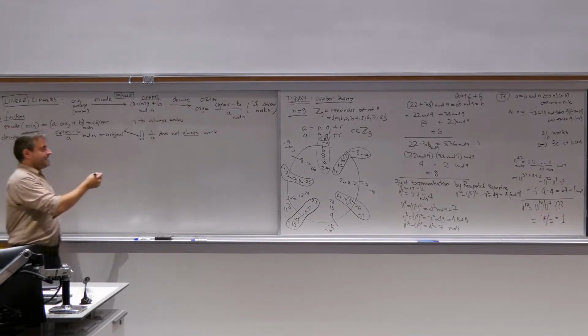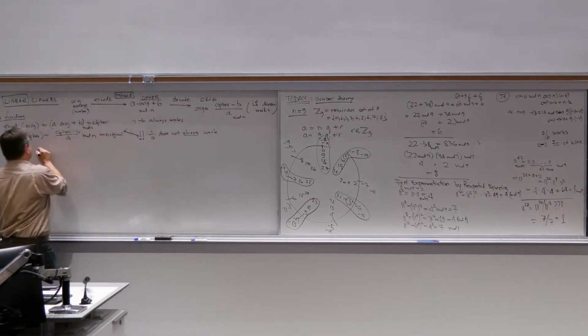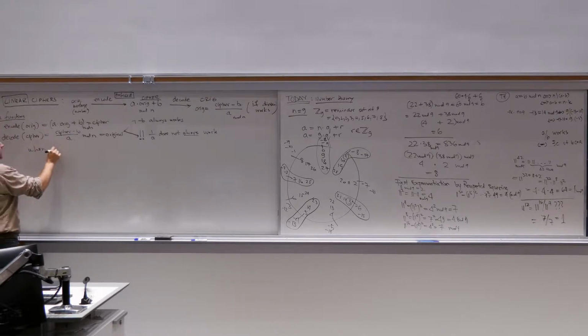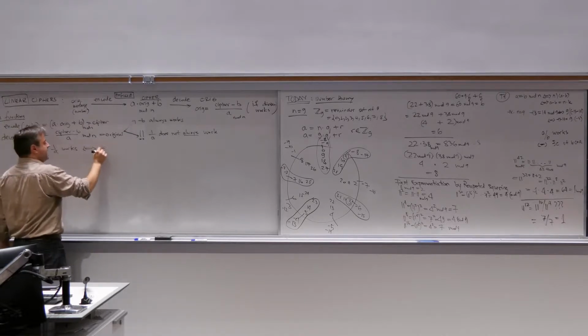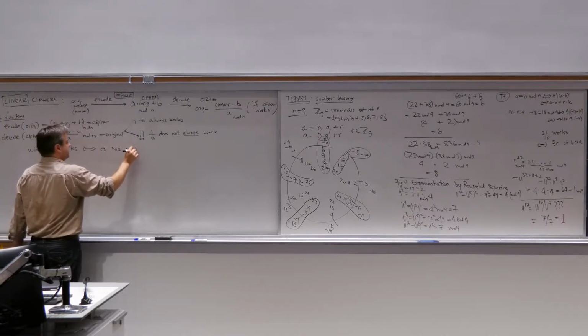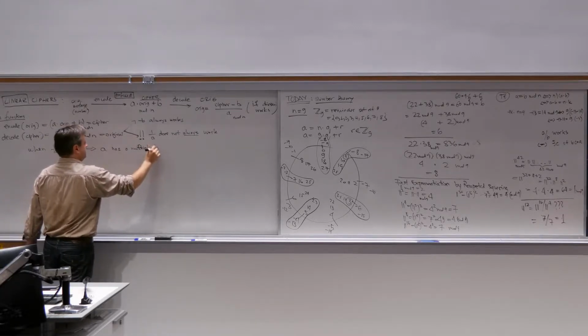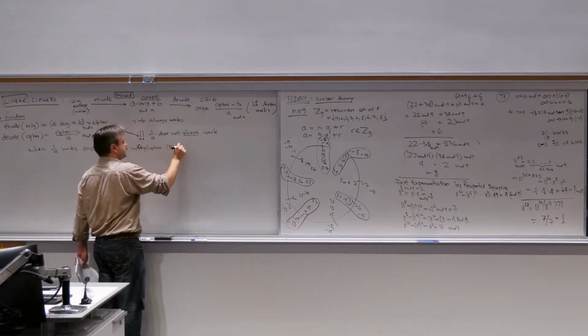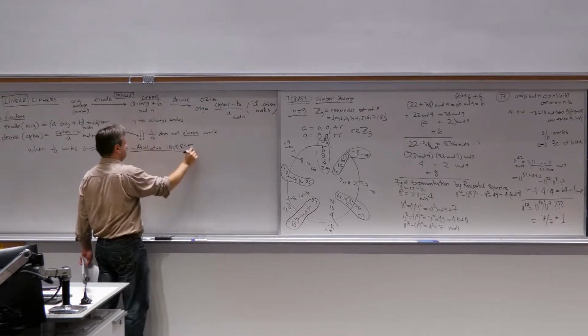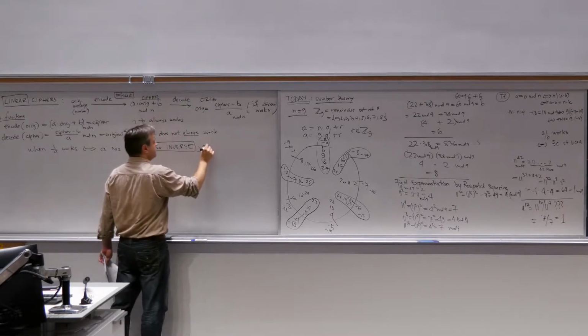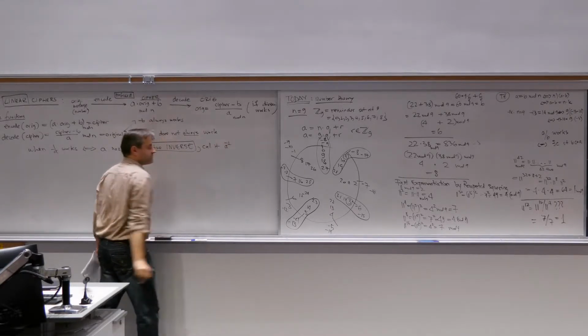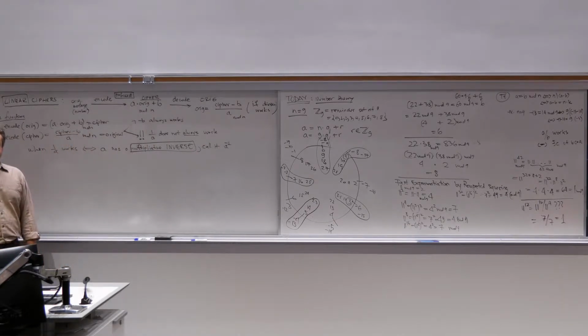So when it does, we say A has a multiplicative inverse, and we call it A to the minus 1. Again, not everyone has an inverse modulo n. Some numbers do, some numbers don't.